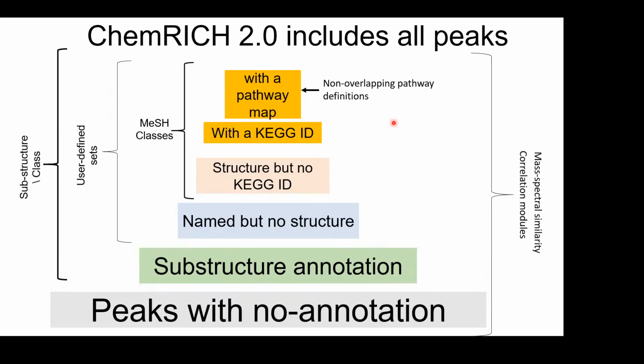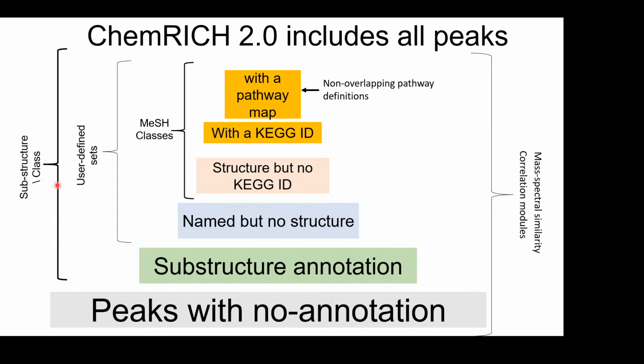So ChemRICH 2.0 was developed, and what my lab did is that we kept the original 1.0 top three blocks so that we can compute the MeSH classes. Then we can add user-defined sets to include the chemicals having names but no structures. So let the user define chemical classes for them, or the user can define a class level SMILES code.